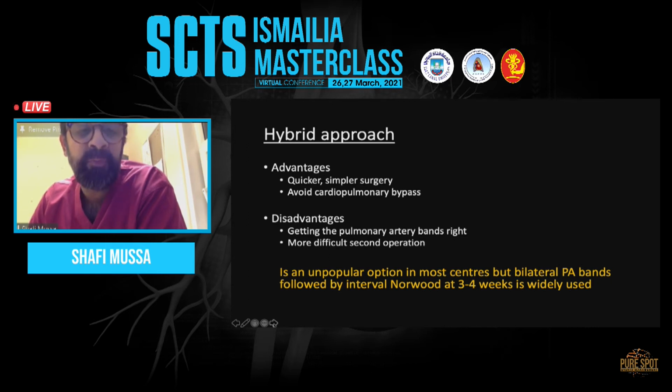It has therefore become an unpopular option in most centers, but the principle of using bilateral pulmonary artery bands to temporize a sick child, followed by an interval Norwood at 3 to 4 weeks, is widely used.